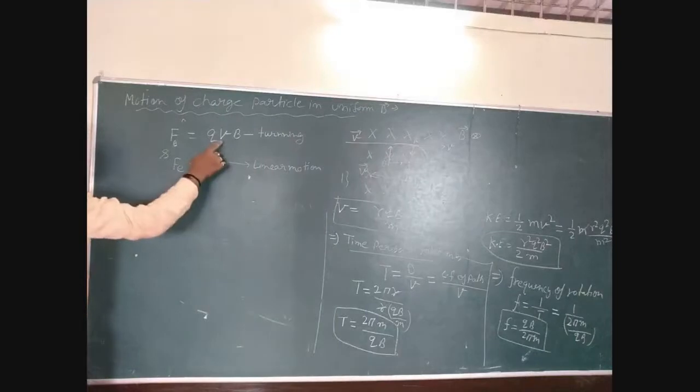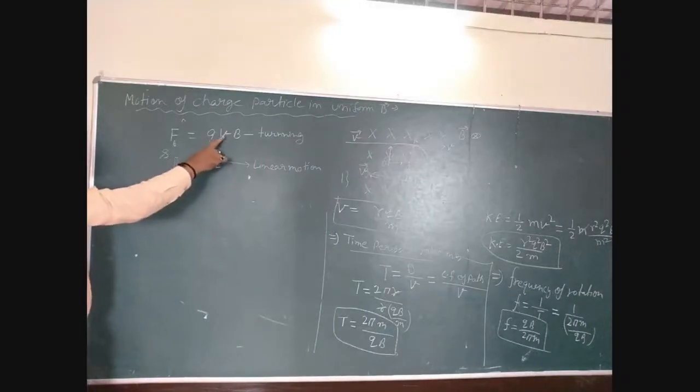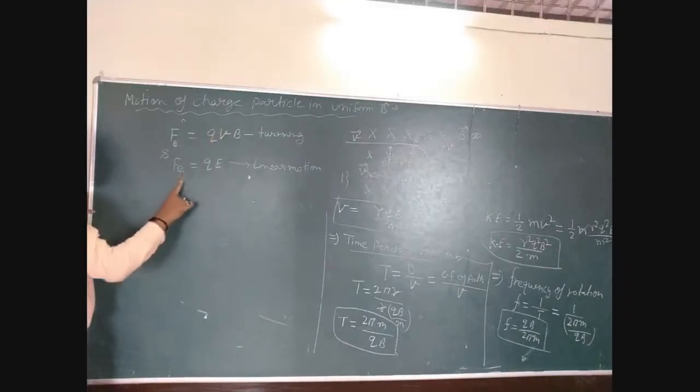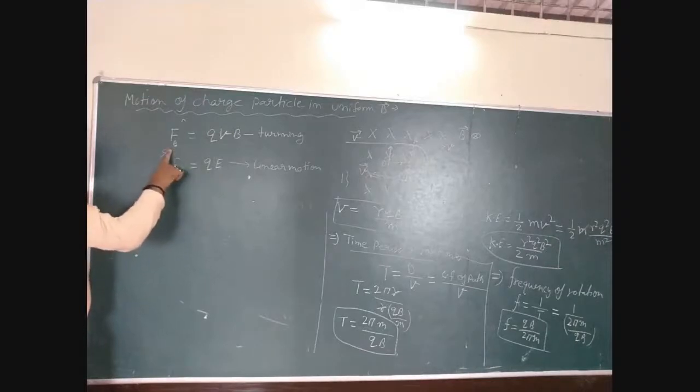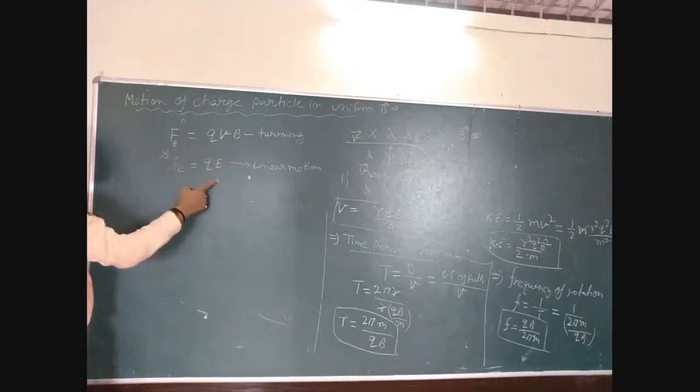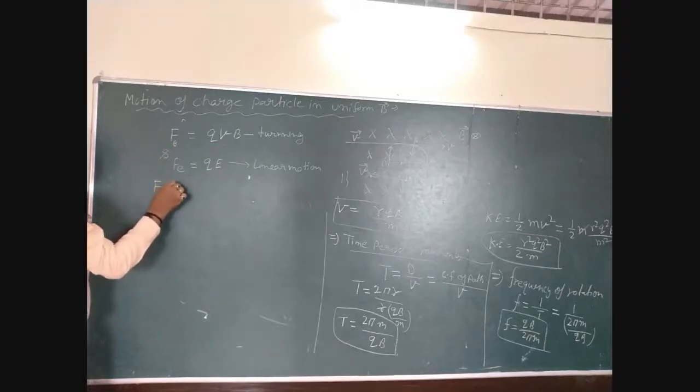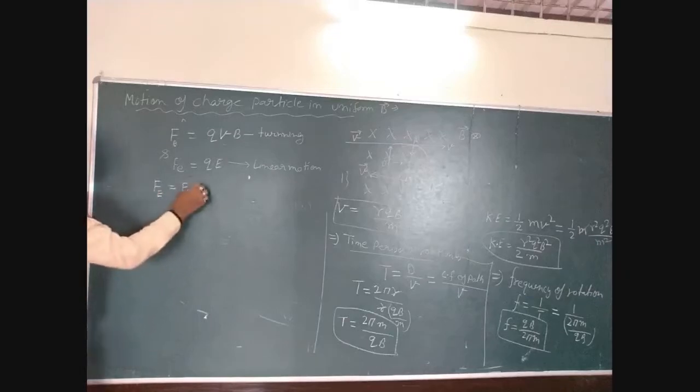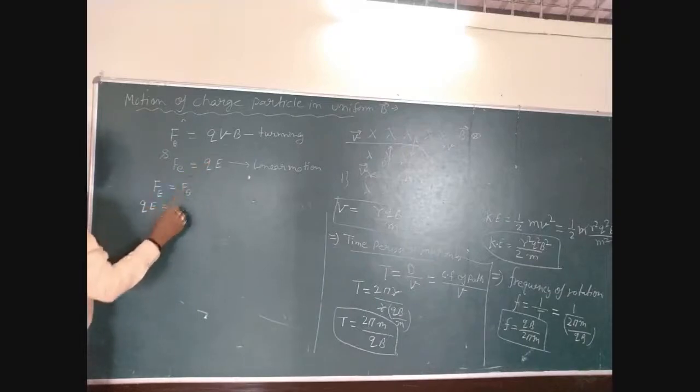Now, as the velocity is gained by the particle due to the electric force, we can compare the two forces: Fe equal to Fb. On comparing we get qE equal to qvB.